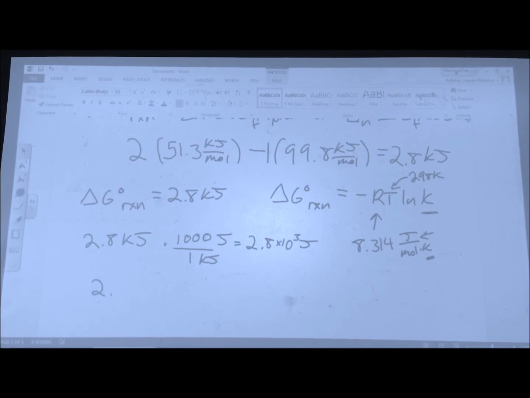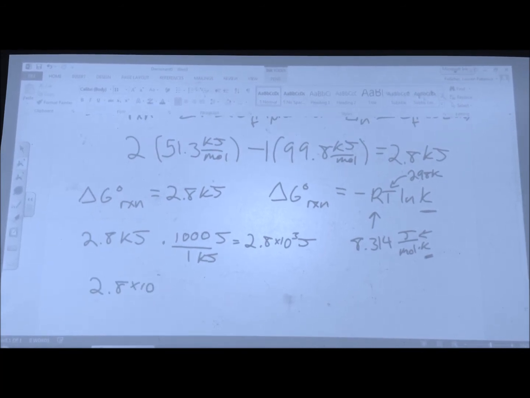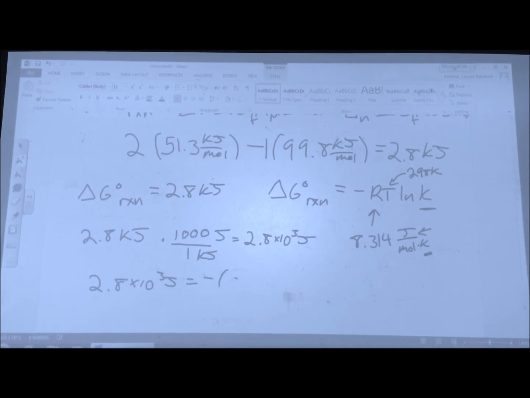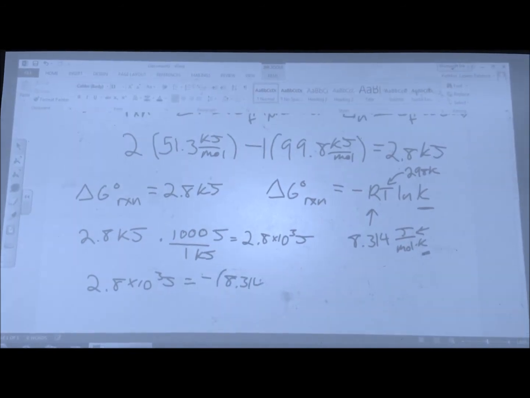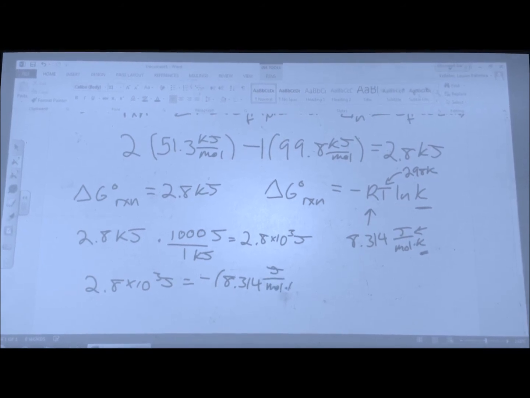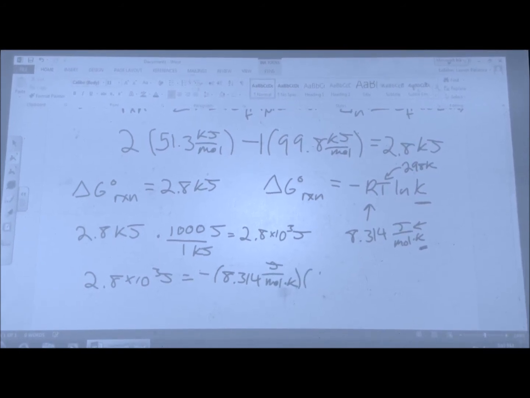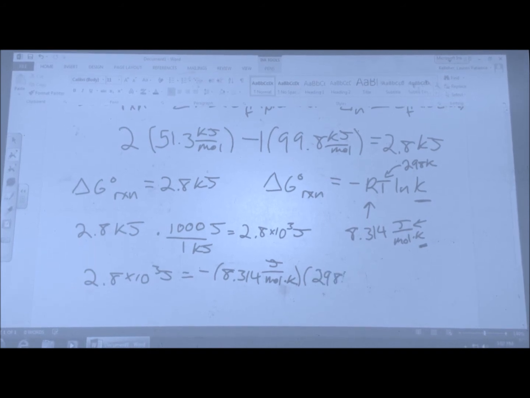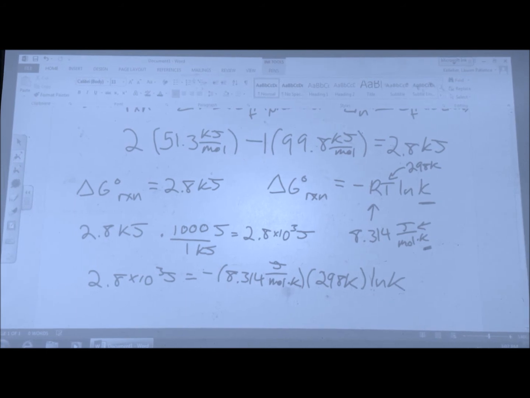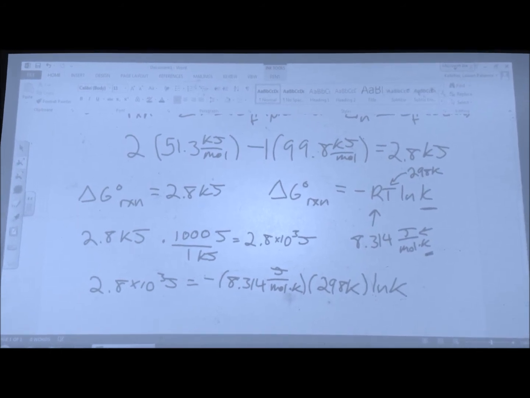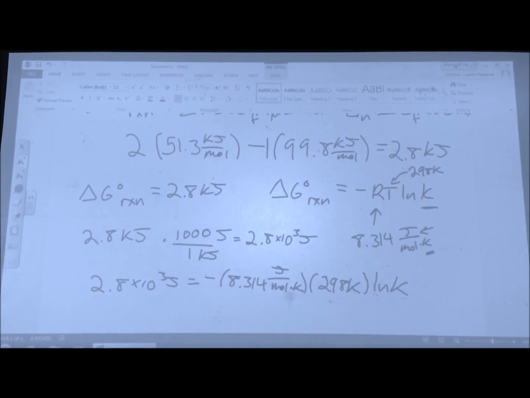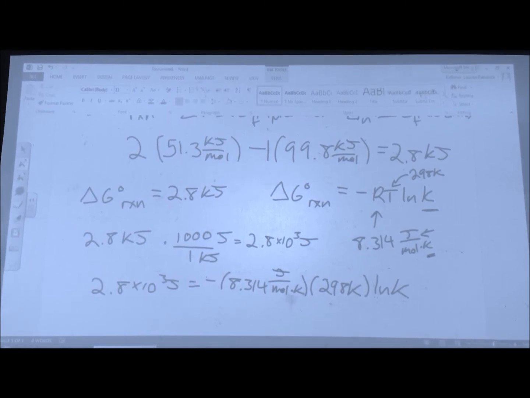Once we have this, all we have to do is plug it into our equation. So we have 2.8 times 10 to the 3 joules equals negative 8.314 joules per mole times K times 298 K times ln K. Now what we want to do is separate the ln K from the rest of the numbers. So what we have to do is divide both sides by the 8.314 times the 298.